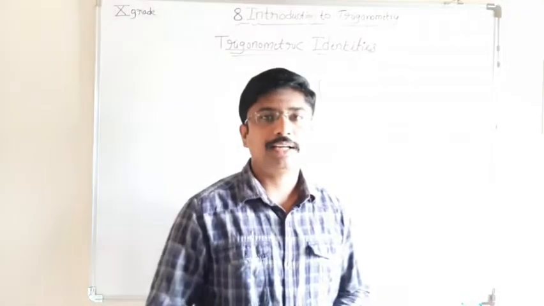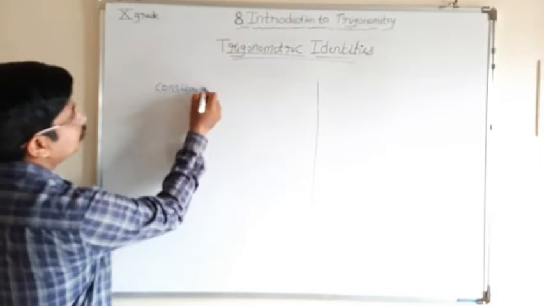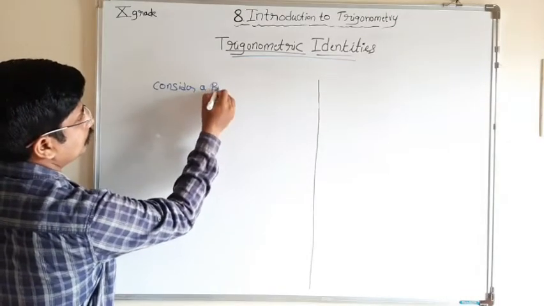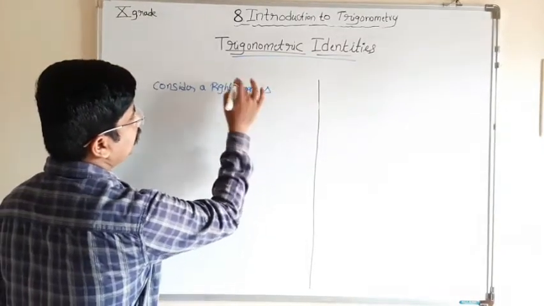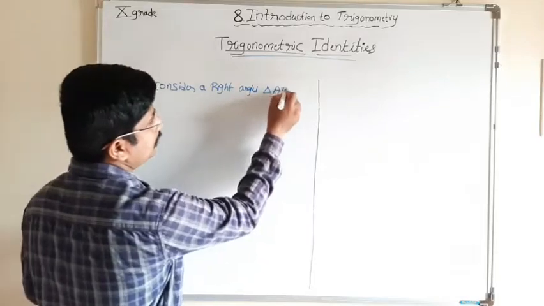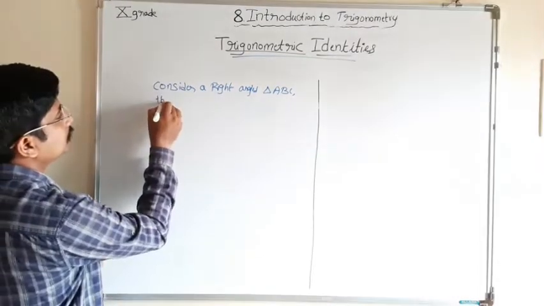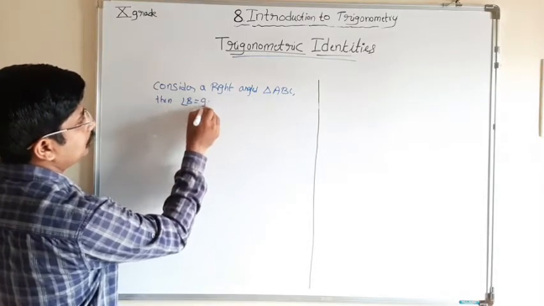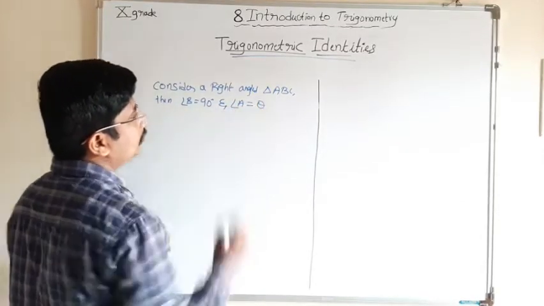Now we will consider a right angled triangle ABC, where angle B is equal to 90 degrees and angle A is equal to theta.